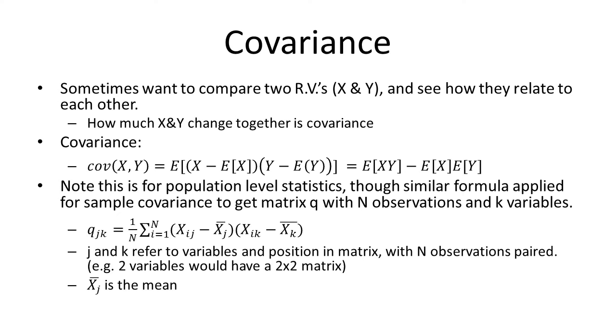That's going to be two variables, so 2 by 2. So for any one of the comparisons of those two, it's just going to be 1 over the number of observations for them both, and then the mean subtracted from each of them, basically the variance, squared, and then summed together.